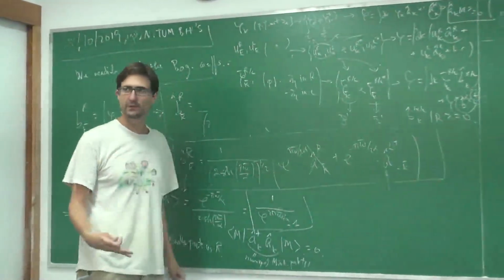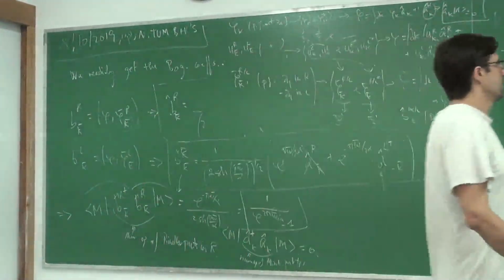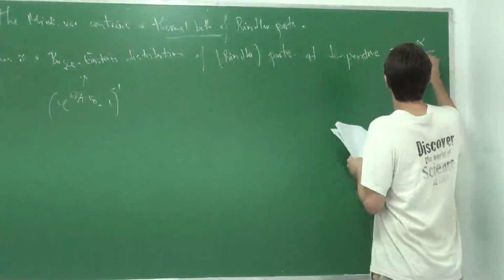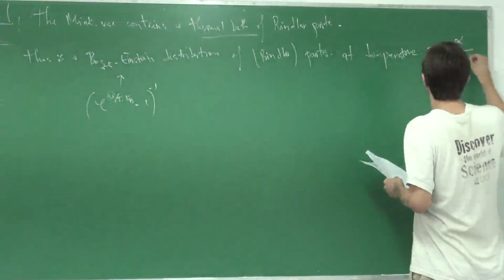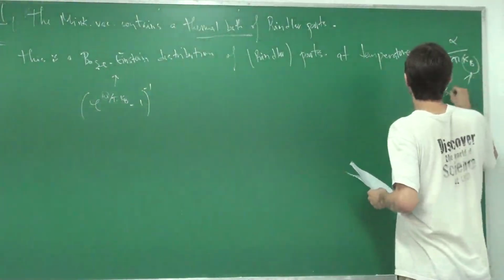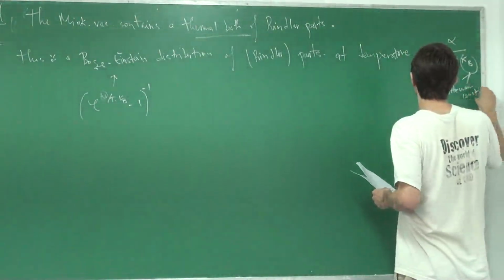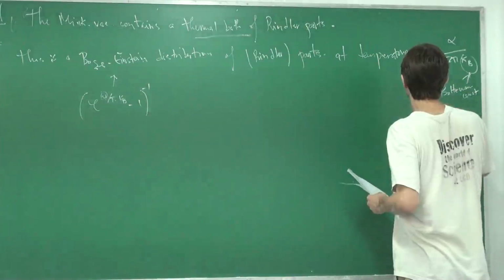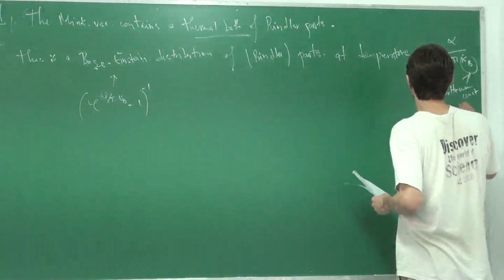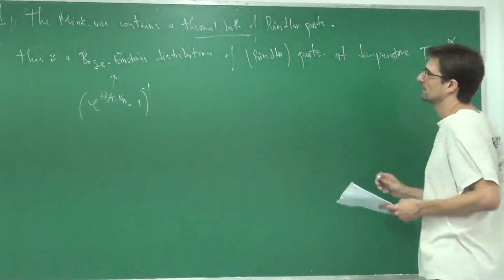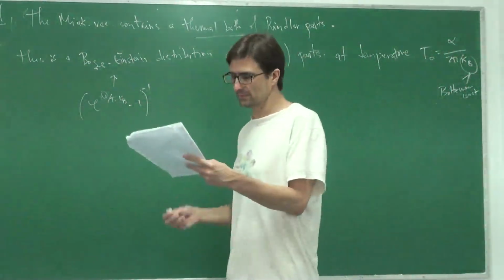The coefficient of the frequency will give you the temperature. So this is the temperature. So k_B is the Boltzmann constant, and here we're restoring units. So you can just read it off.